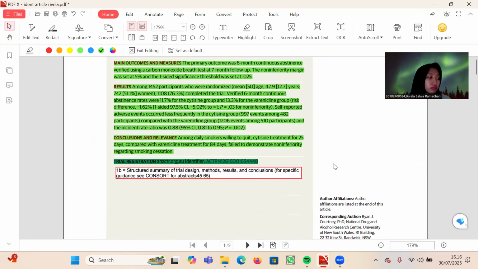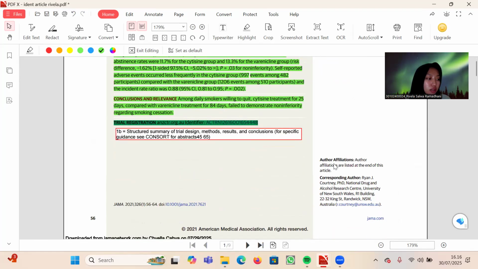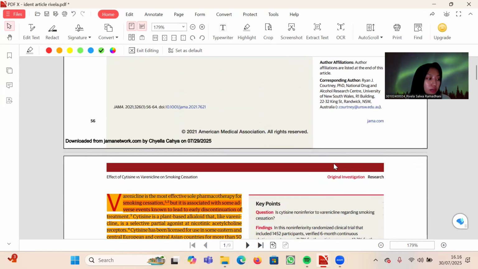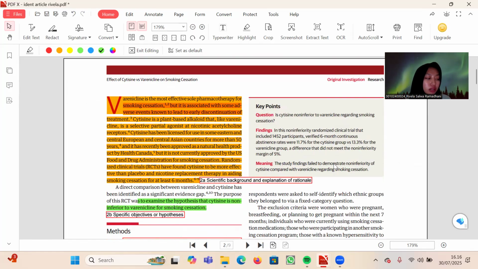Next, for 24, protocol access, they include the protocol and the statistical plan in the supplement. And next, 25, funding sources and their roles are reported transparently.